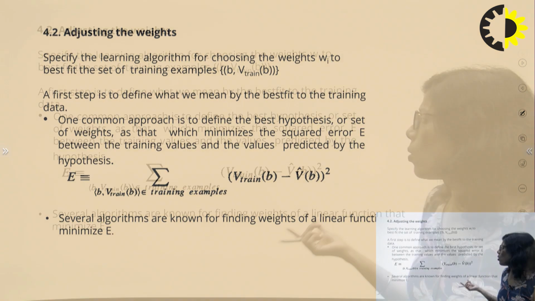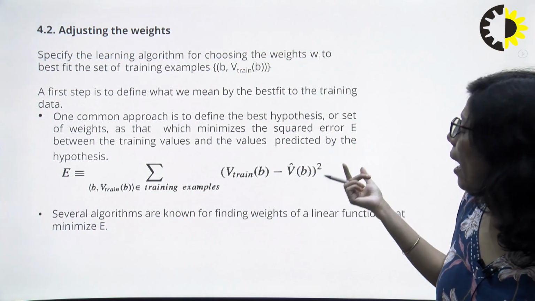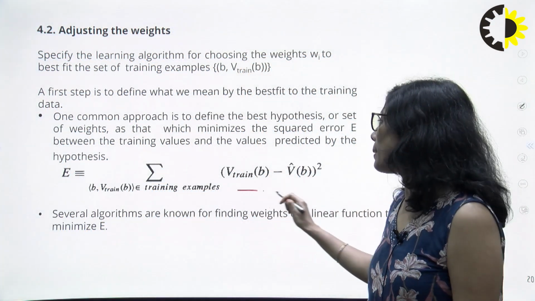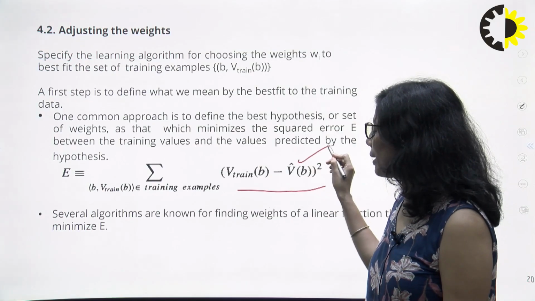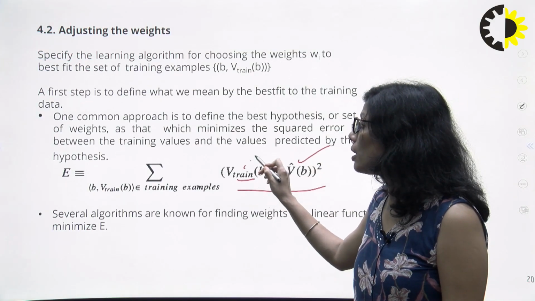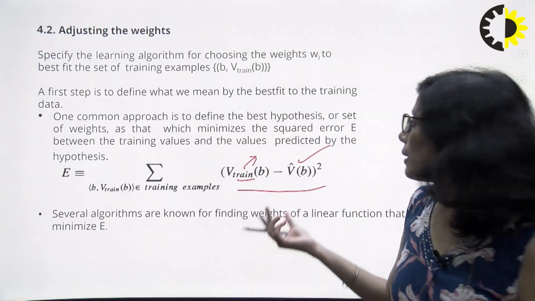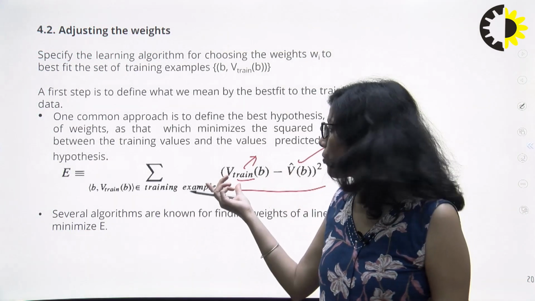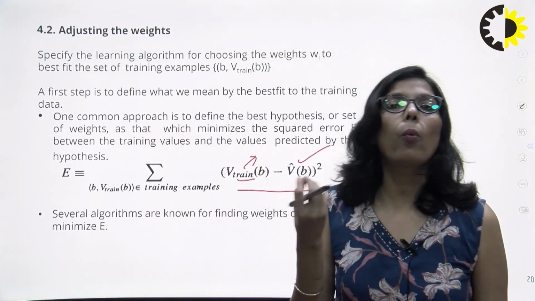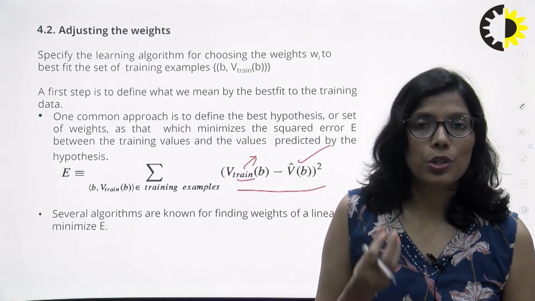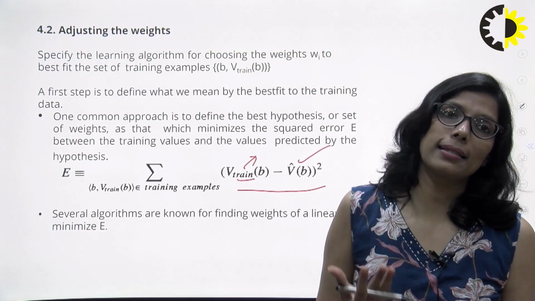Now, when I'm trying to adjust the weights, I have to use the formula vtrain B minus V cap B. Whatever value the training example has, vtrain B is the value of a board state in a training example.